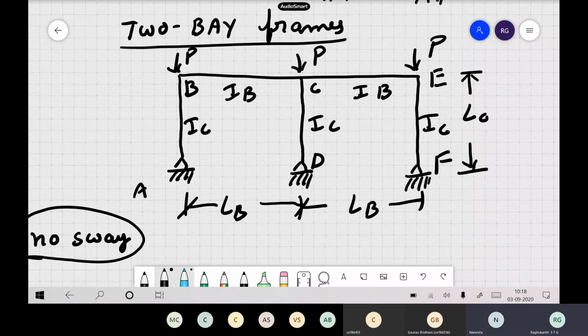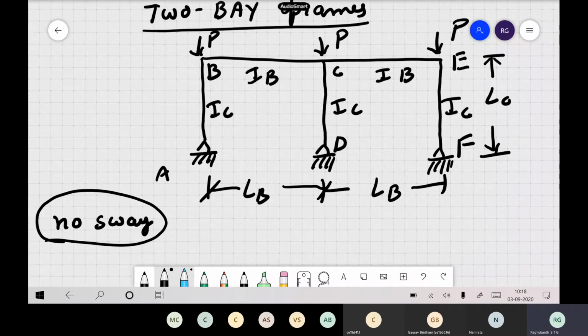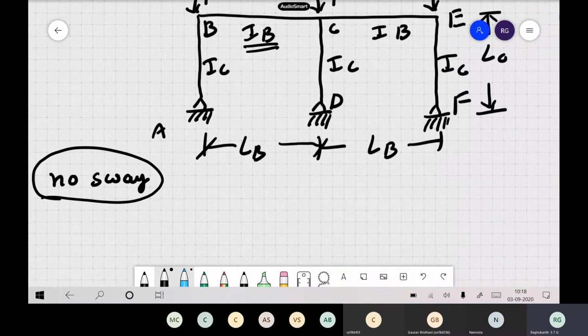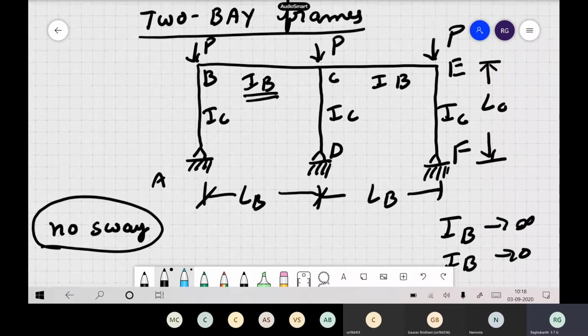So what are the limits for this two-bay frame? Suppose IB, IC are there. How do you check whether they are in the limits or not? Previously we said IB tends to infinity, then IB tends to 0. Now tell me, if IB is 0, what will be the buckling load here?